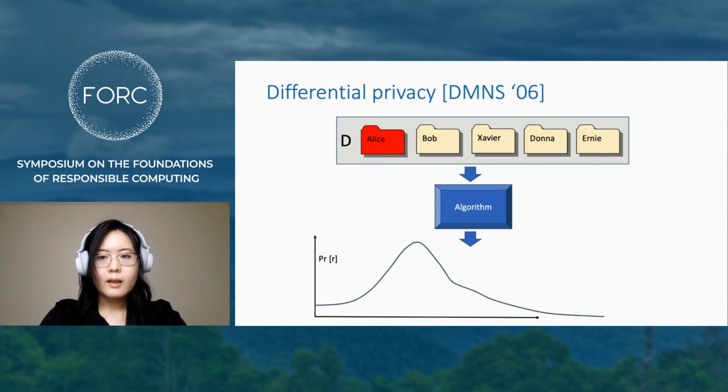The x-axis is the output domain, which consists of all possible outputs, and the y-axis is the probability. And we remove Alice's data and run the same algorithm, and we get this red curve for the output distribution. We hope the analyst learns almost nothing more about Alice's data, so the two distributions should be very close.